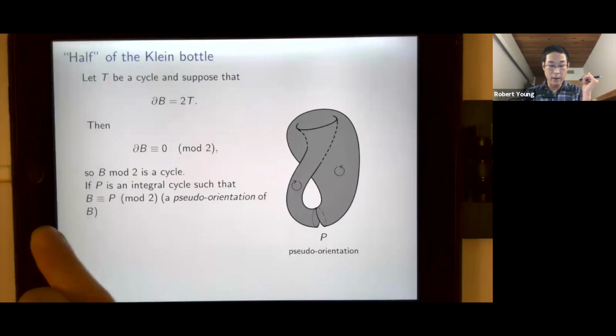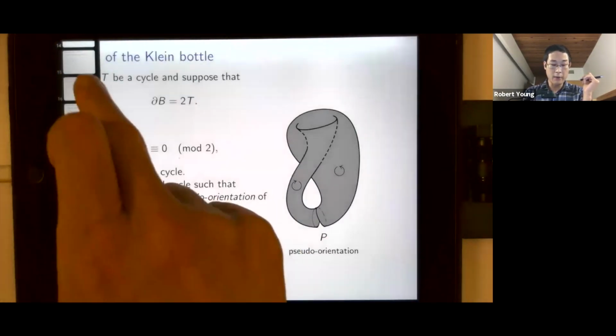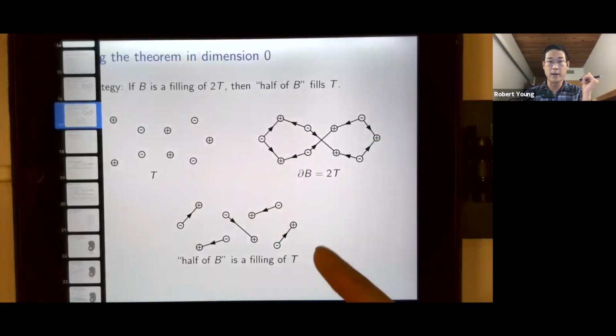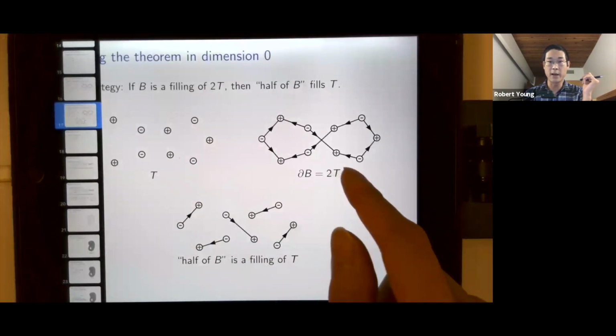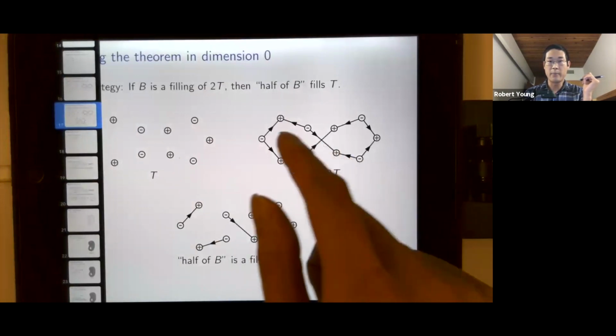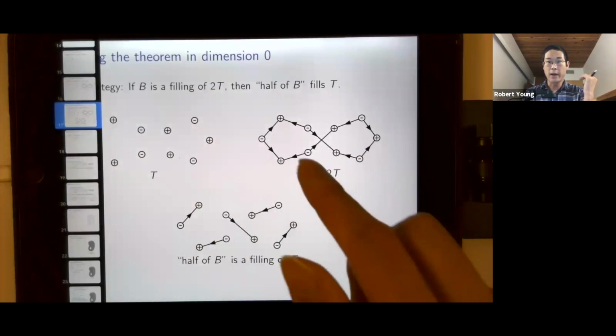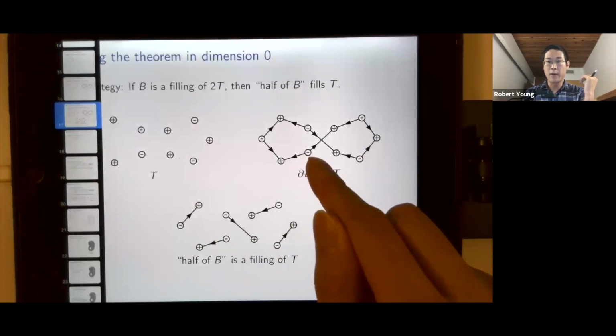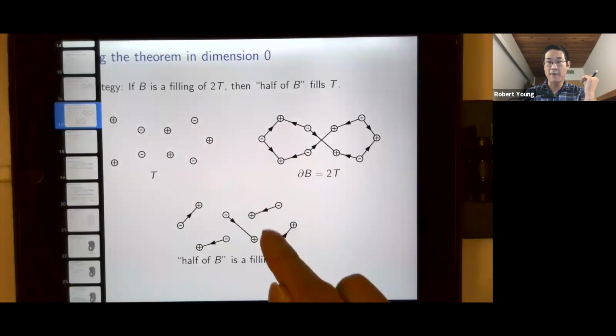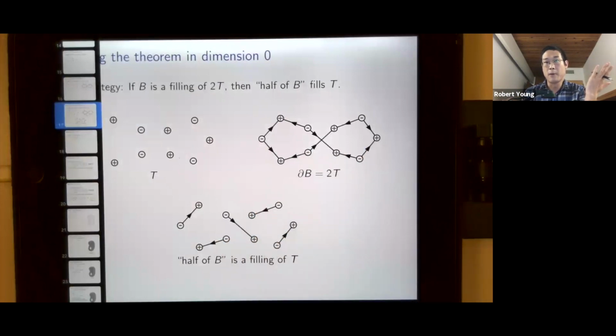In 0 dimensions, you have a sharp equality, because you're always going to end up with a 0 cycle, which is a sum of loops. But basically you have a choice of whether you take this half of the loop or the other half of the loop. And so one of those halves is going to be less than half the length of the original loop.